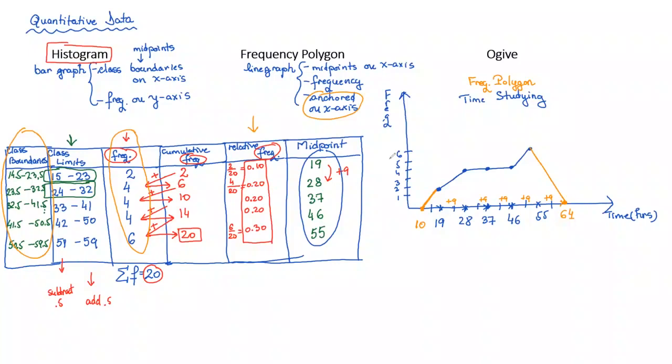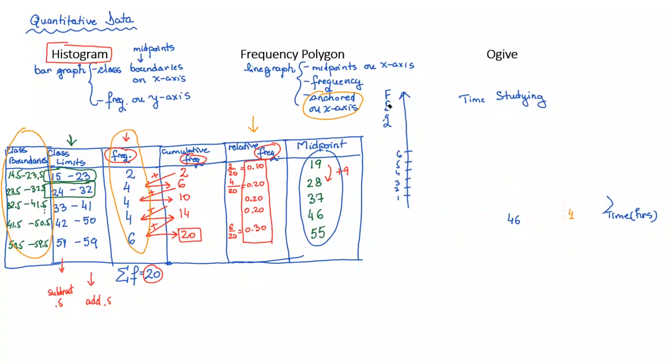And the last graph for quantitative data that is used in business is ogive. So let's talk a little bit about ogive. I will make room here, and I'll see how I will actually change some of this to create the ogive. It's an interesting name. It's actually a cumulative frequency graph.